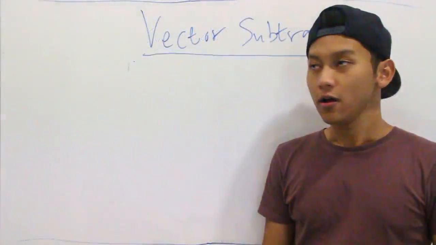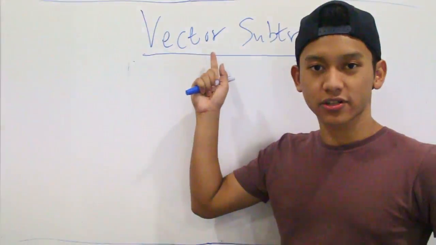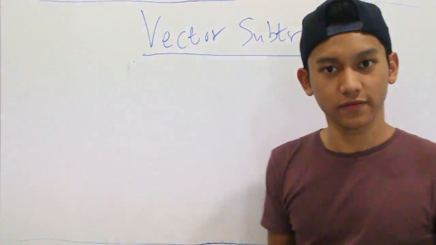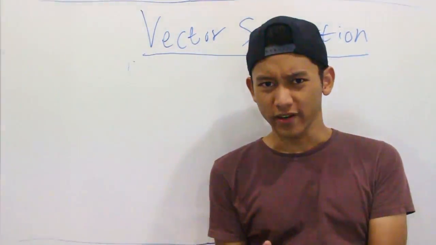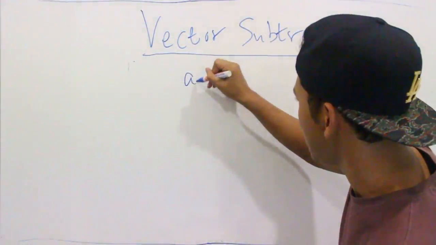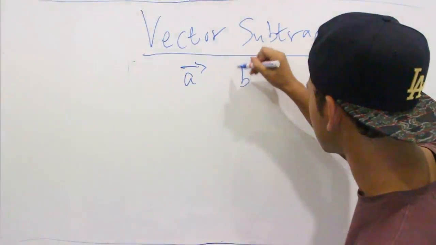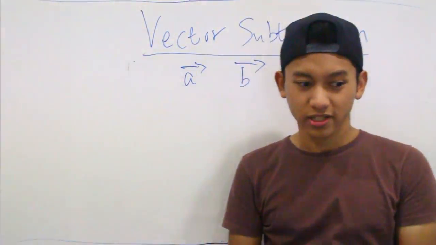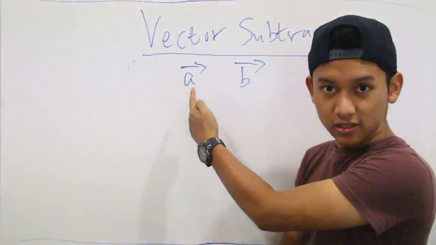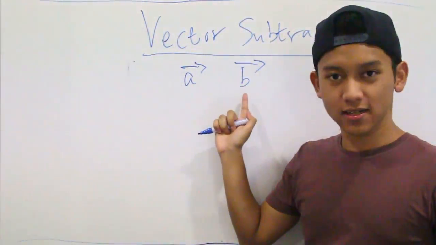Alright, now we're going to do vector subtraction, the subtraction of two vectors. The subtraction operation between two vectors, vector A and vector B, can be understood as a vector addition of the first vector and the opposite of the second vector.